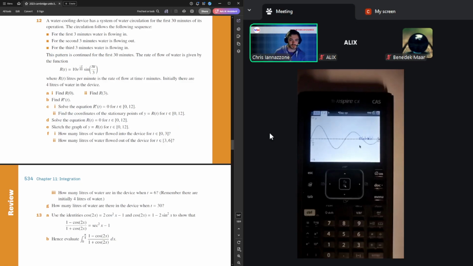Part F is asking for a number of litres, whereas our R of t equation is basically a derivative, a rate of flow. So it's not just going to be a matter of subbing in those values and finding the difference. There's a little bit more to it than that.